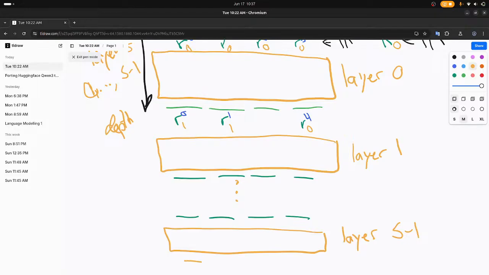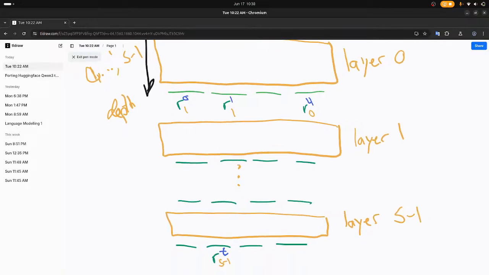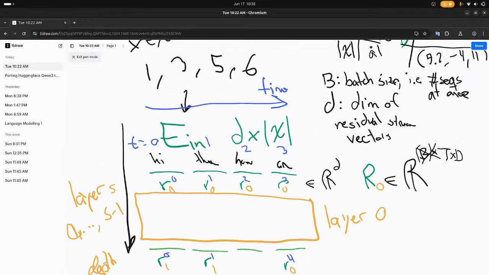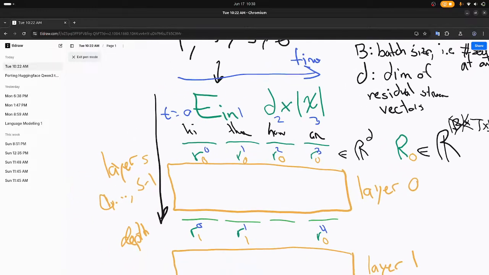And then we get these, and they are called R S minus 1 of T. All these are different times T, and they still live in the same size space R^D, because D is the dimensionality of these residual stream vectors.